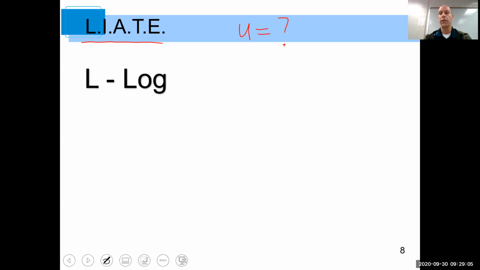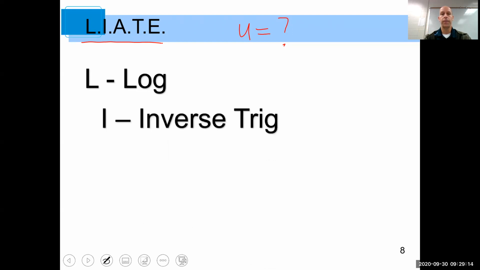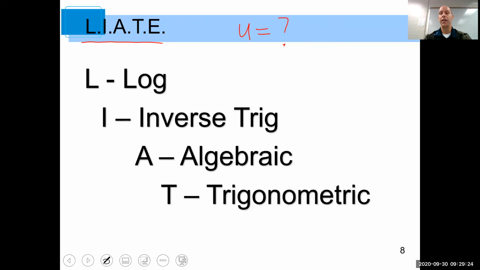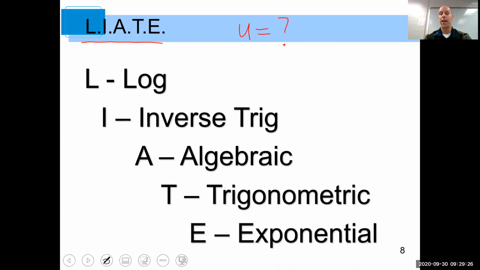So L stands for log or logarithm. So if you're looking at your product and there's a logarithm, let that be your u. I is for inverse trig function. In fact, let me just go through the rest of these. A is for algebraic, T is for trigonometric, and then E is for exponential. So what I'm telling you is, like in the example that we just did, we had x and then e to the x dx.